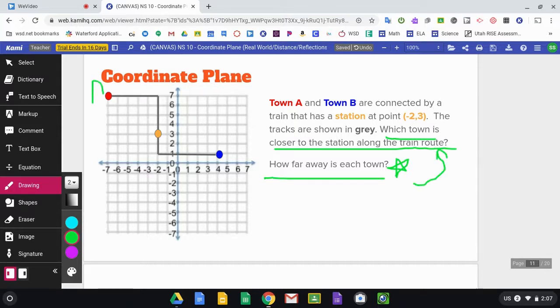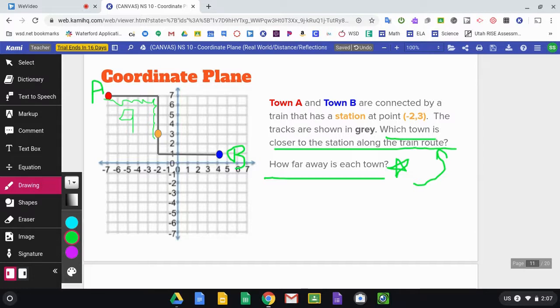So here we have town A, here we have town B. Let's see how far they are. Let's start at town A. Town A is 1, 2, let's try that again. 1, 2, 3, 4, 5, 6, 7, 8, 9 blocks away.